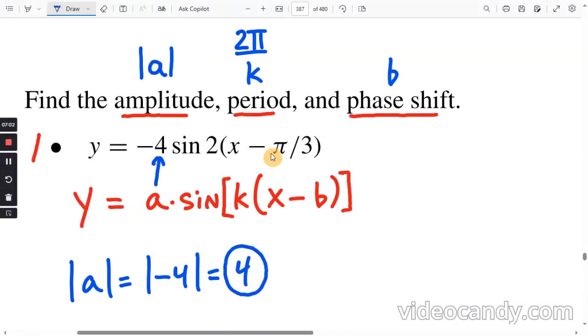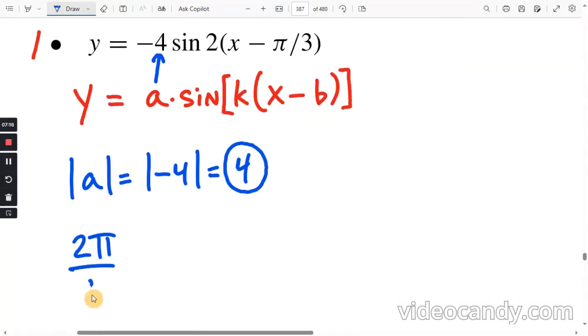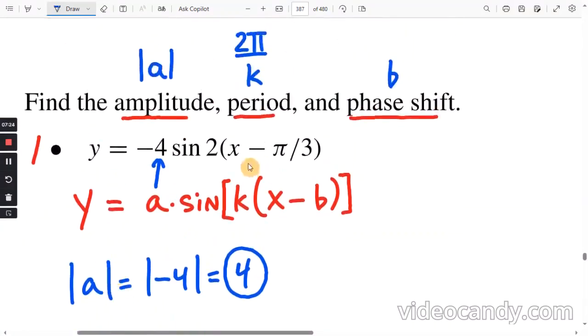Now for the period, we said the period is 2 pi over K, 2 pi divided by K. So that's going to equal 2 pi, and we need K. K is the number out front, factored out of the x minus b.